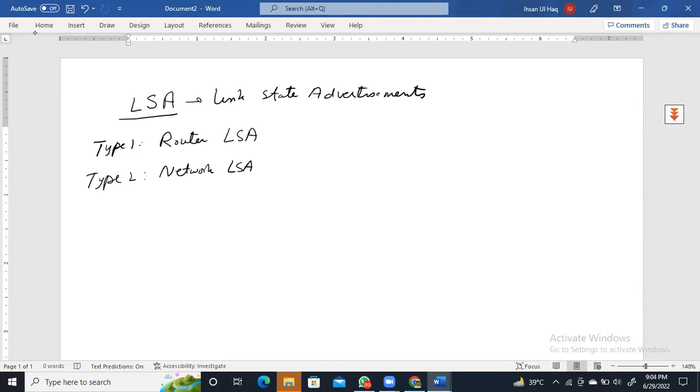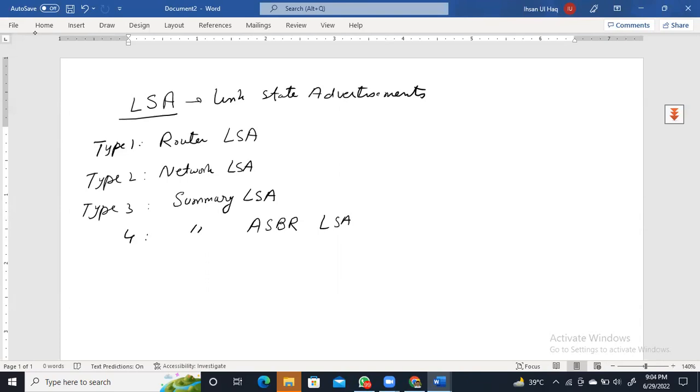The third one is the type 3, which is called the summary LSA, although नाम ये कोई ठीक नहीं है लेकिन लिटरेचर में है तो we have to follow. Then we have type 4, which is called the summary ASBR LSA.